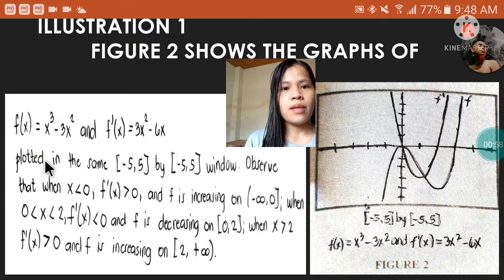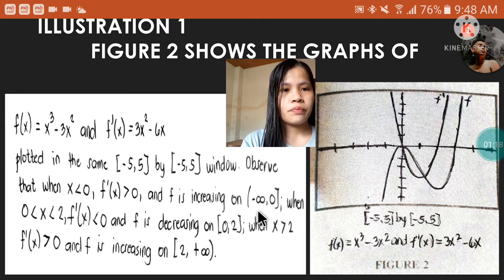Plotted in the closed interval negative 5 and 5 by negative 5 and 5 window, observe that when x is less than 0, f prime of x is greater than 0 and f is increasing on negative infinity and 0.